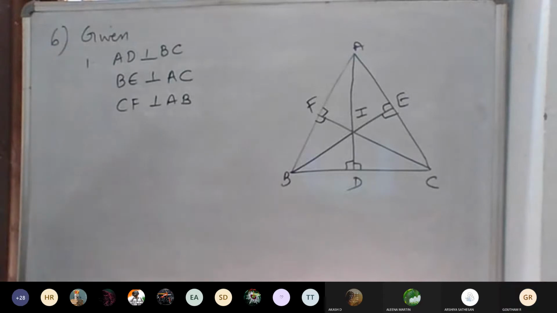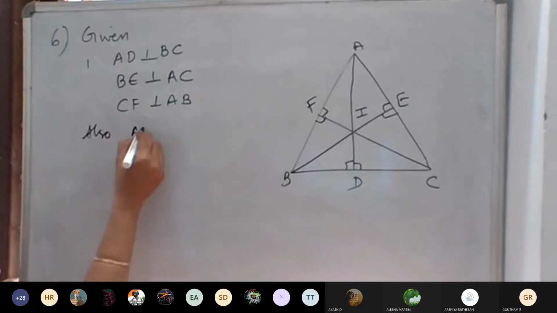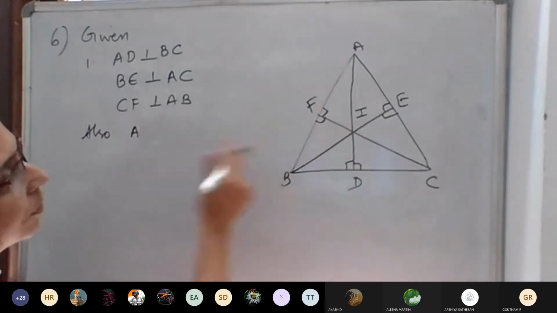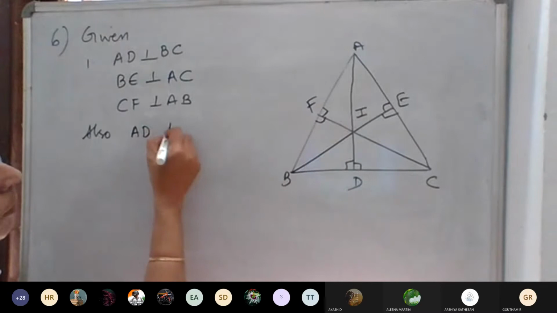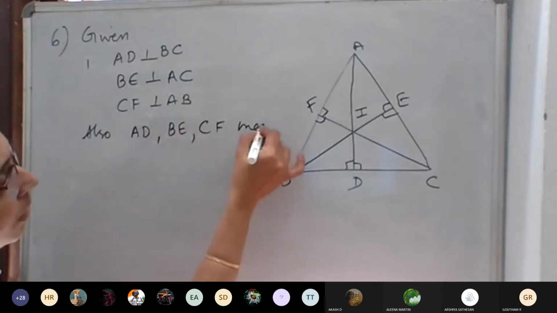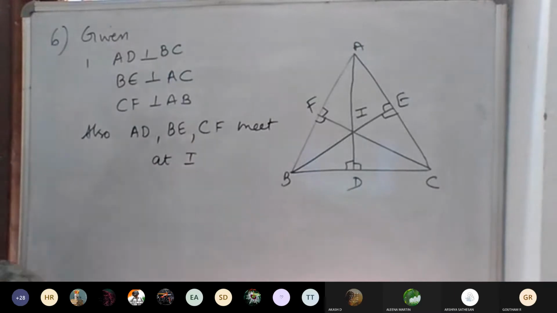Those are given. Then AD, BE and CF meet at point I. This is given.